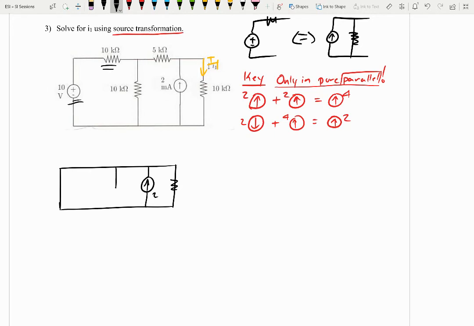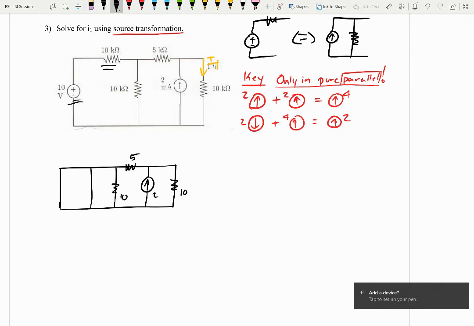It's 2 going up. That's 10. That's 10. This is 5. And then now, since I'm turning this into a current source, I'm going to pull that 10 down. But let's find this I value.